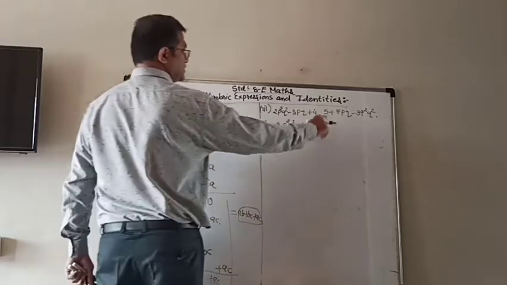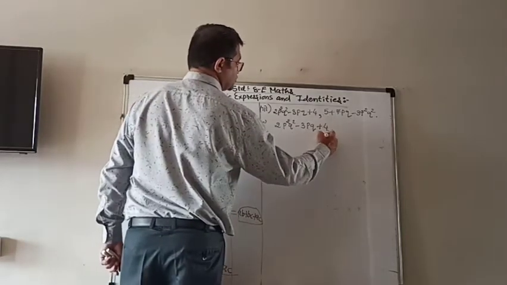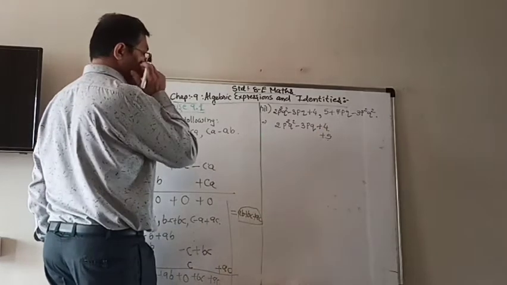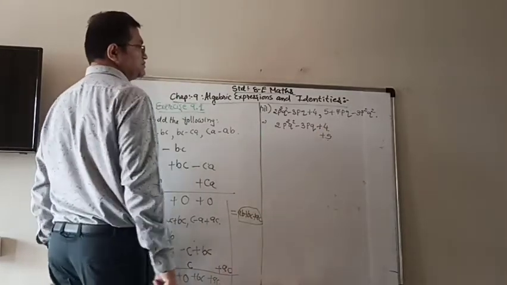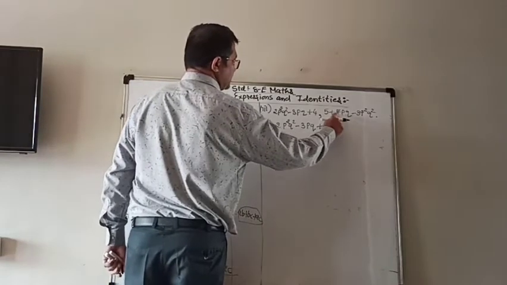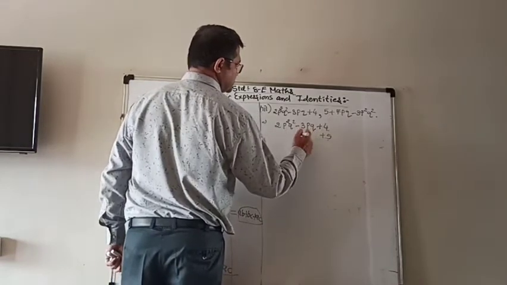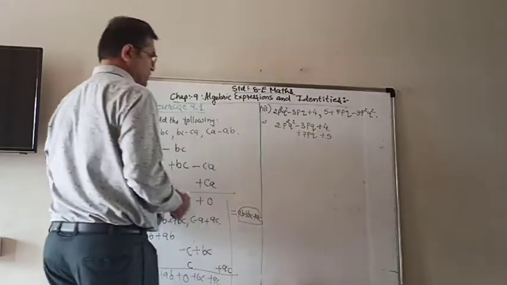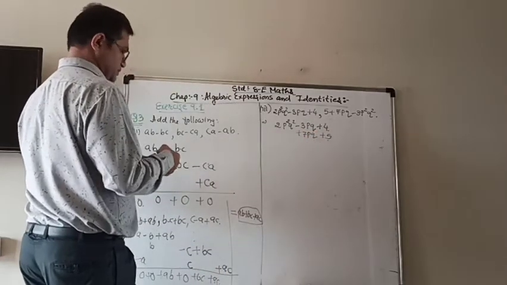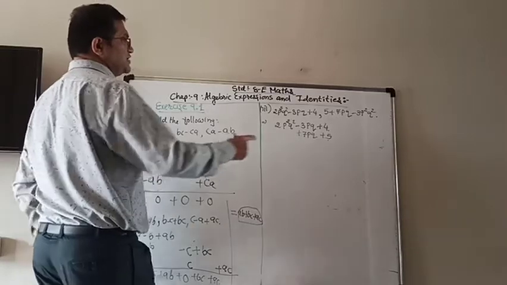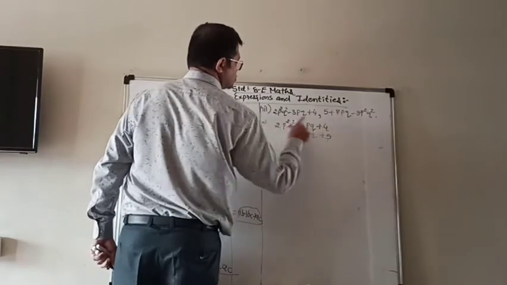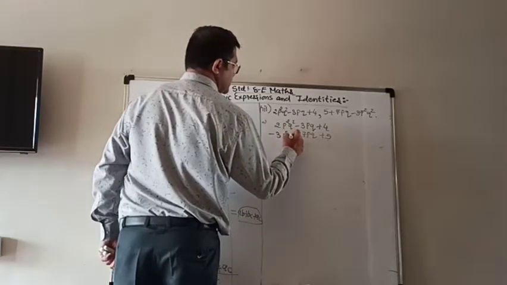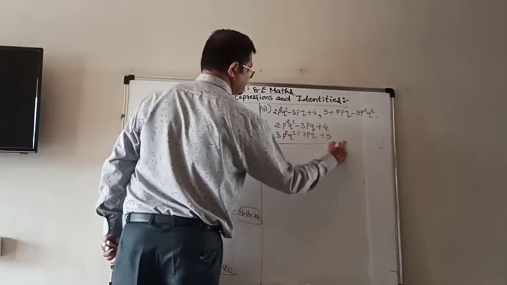Now in the second, first is 5. So plus 5 will be written under the 4 because they are the constant terms. Plus 7pq. pq is here, so we will write plus 7pq under minus 3pq. And the last is minus 3p square q square. Here there is p square q square, so minus 3p square q square.